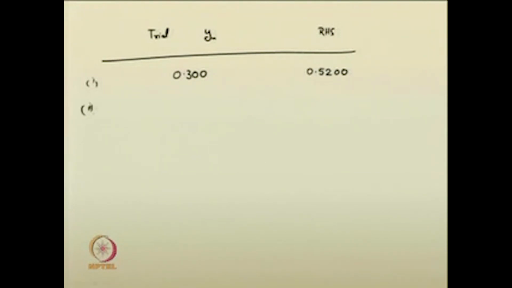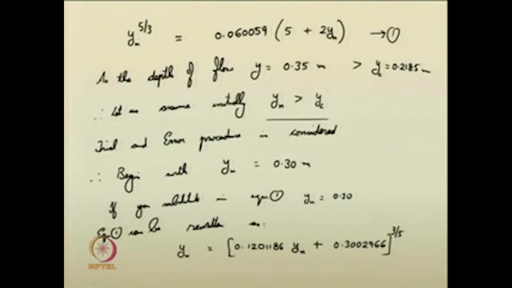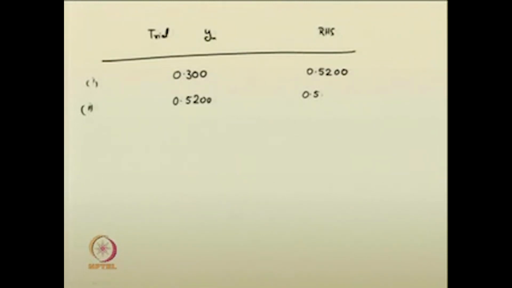Let me give y n now as 0.522 instead of whatever was there in the RHS. Again, on incorporating y n as 0.52 in this equation, you are getting the RHS as 0.54422.